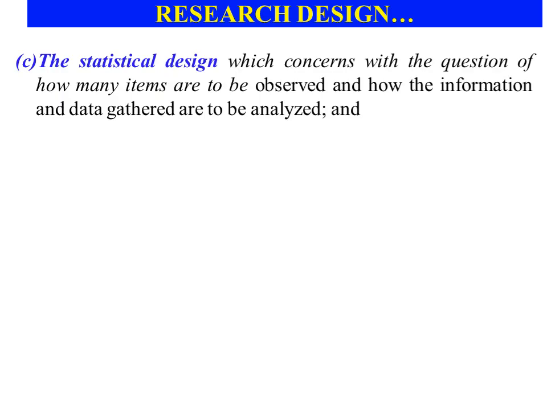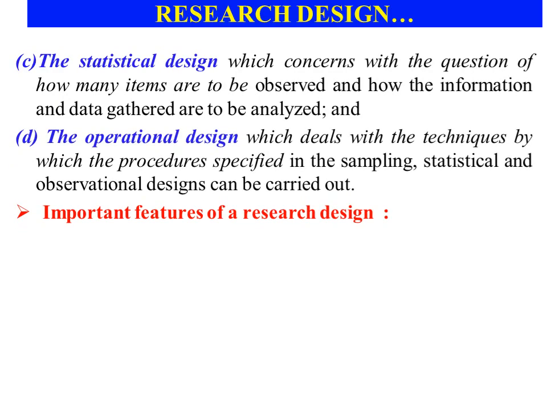The other part is the statistical design, which concerns the question of how many items are to be observed and how the information and data gathered are to be analyzed. And also the operational design, which deals with techniques by which the procedures specified in the sampling, statistical, and observational design can be carried out.